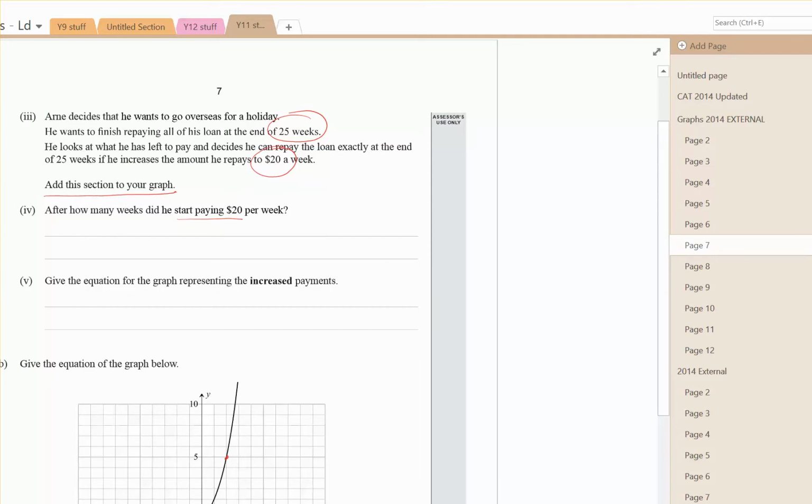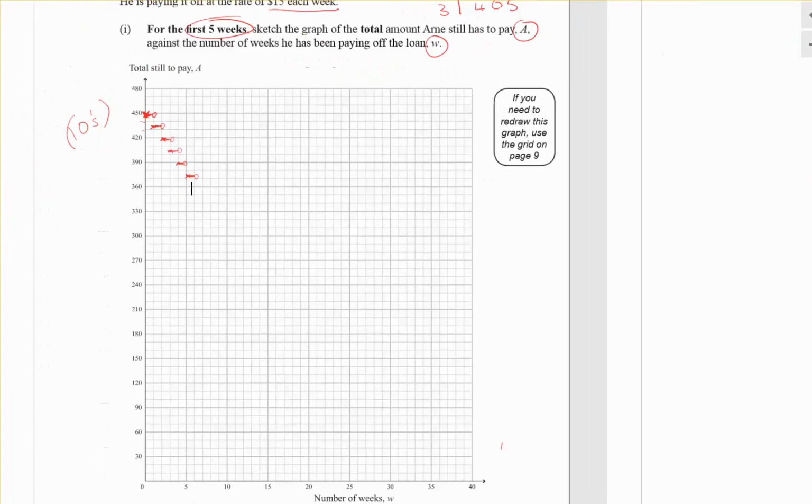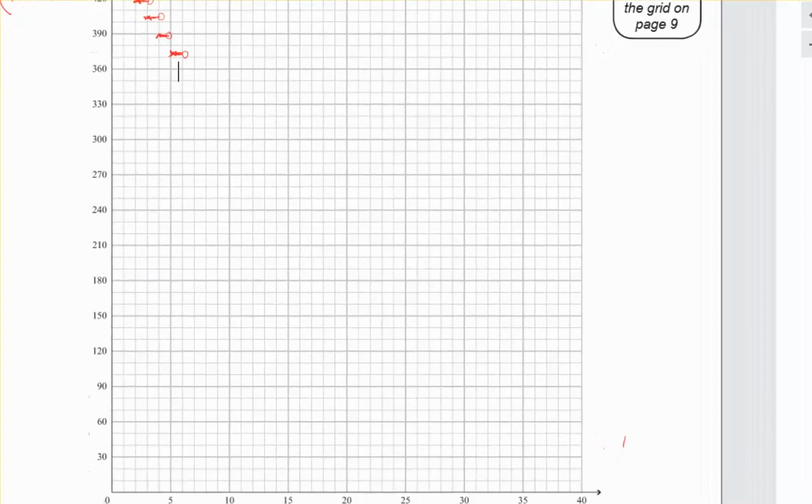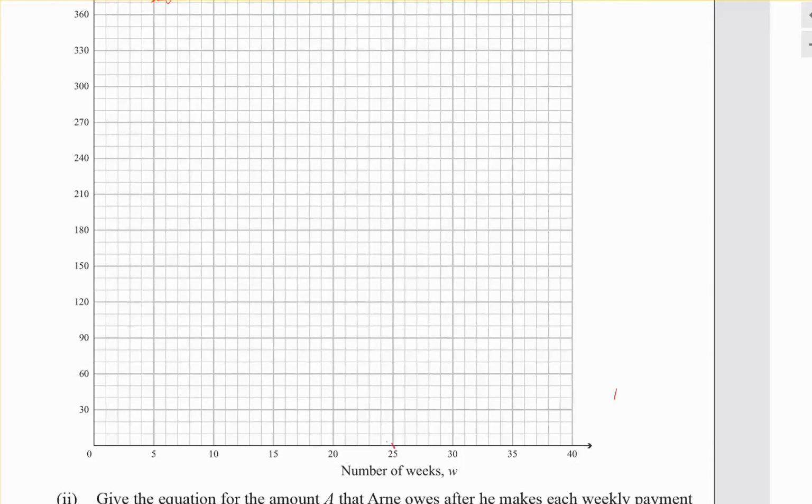So going back to our graph, the easiest way I find is to go down to the 25. We want it to be 0, and we're paying $20 a week before that. Now $20 is 2 squares, so going back up by 2 squares each week.